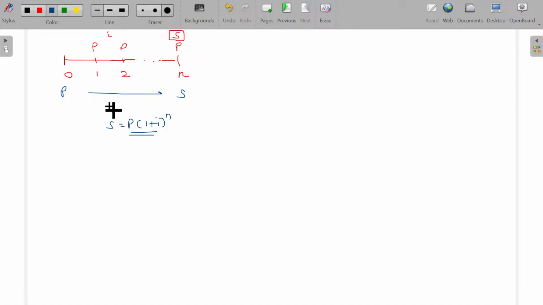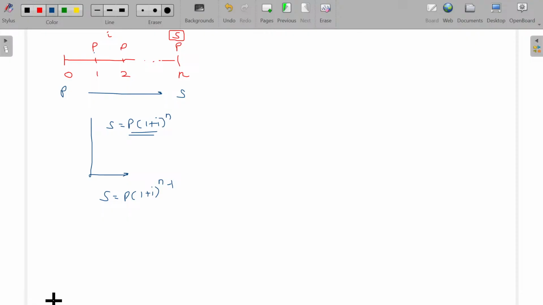In this case, the first P is at the first year end. So what happens for this first P? S is equal to P into 1 plus i to the power n minus 1, right? One year short.